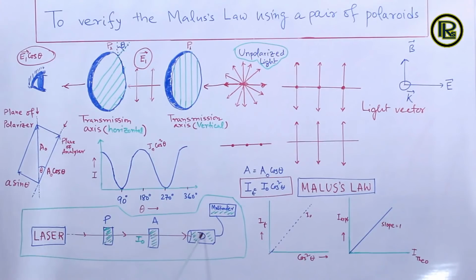This detector can be a photodetector or a light dependent resistor, LDR. So if detector D measures the intensity directly, then we can plot IT versus theta or IT versus cos square theta, and we can verify Malus law.